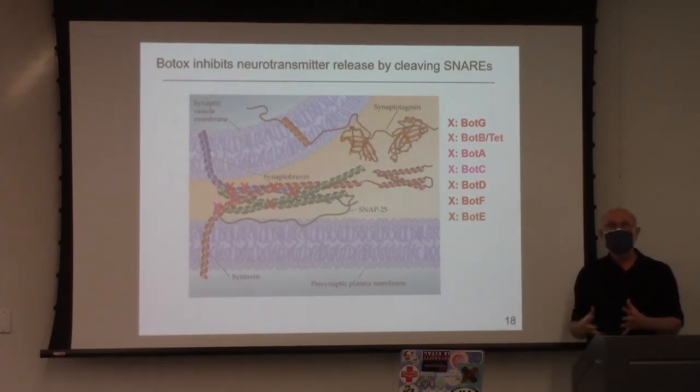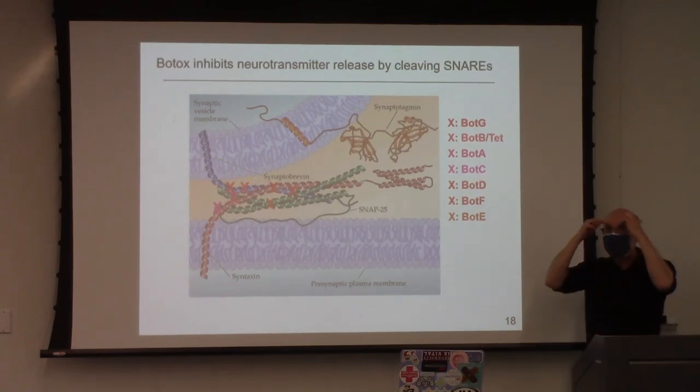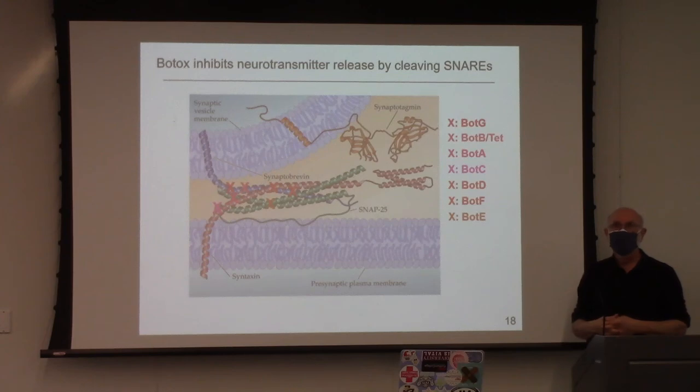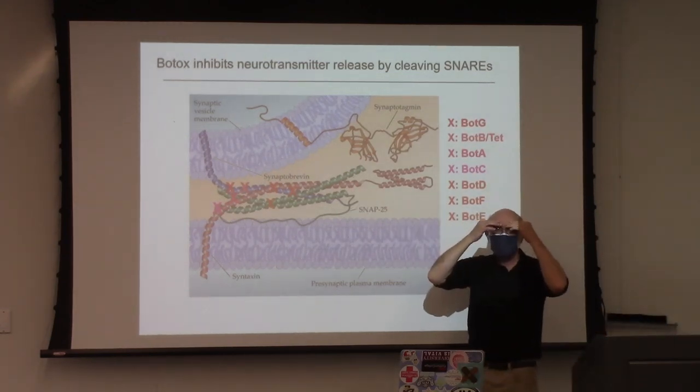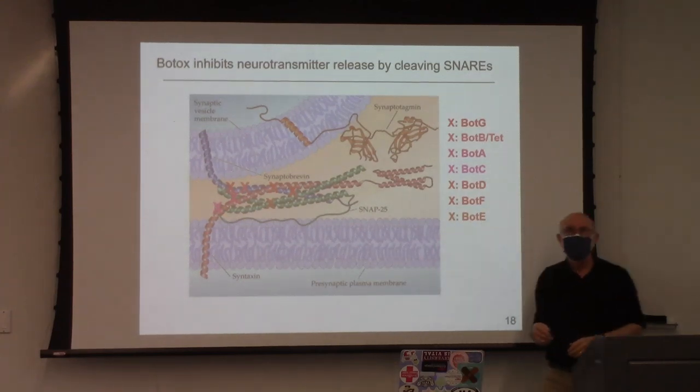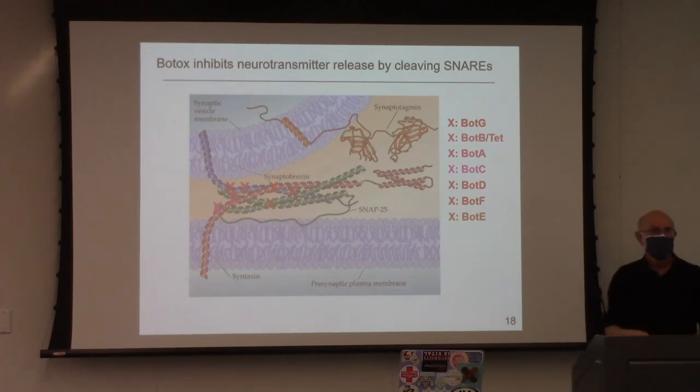So poisoning by botulinum toxin causes death by respiratory paralysis. Injecting small amounts of botulinum toxin into the muscles of the eye prevents the person from frowning and makes them look young and happy again. That's Botox. Botox prevents neurotransmitter release in the muscles where it is injected. Obviously, not a lethal dose. A very, very small, localized dose of botulinum toxin is Botox. So now you know.